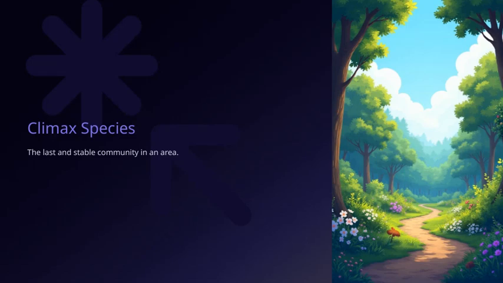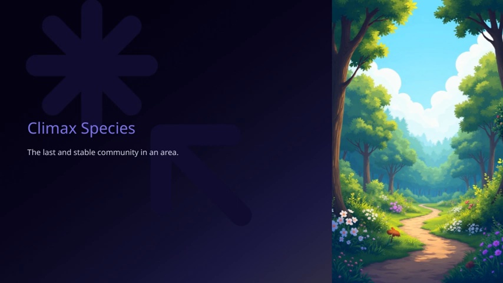This slide highlights the concept of the last and most stable community in a given area, often referred to as the climax community. Climax species are the dominant plants or organisms that establish themselves during the final stages of ecological succession. These species tend to be well adapted to the local environment and can maintain stability over long periods.